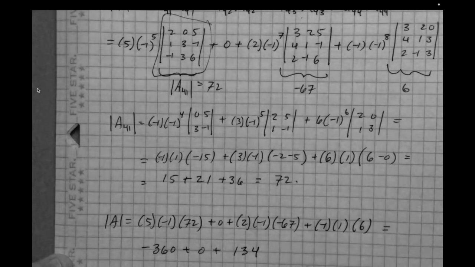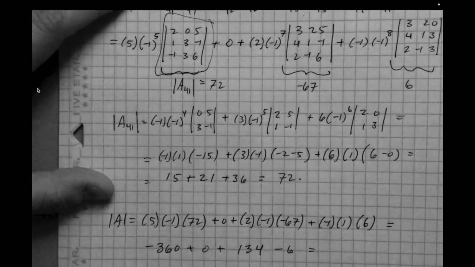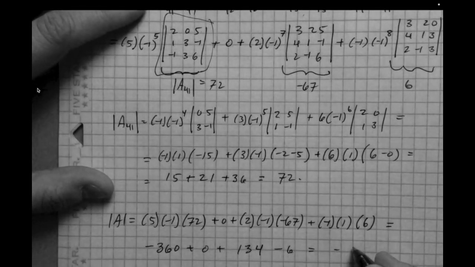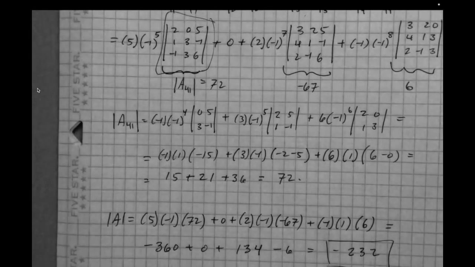And then this one over here is negative 6. You can figure out what this is. It looks like it's negative 232. And so that's an example of calculating a 4x4 determinant.